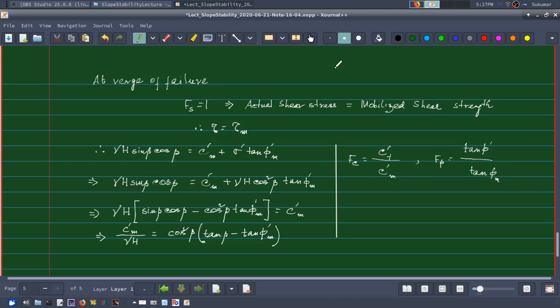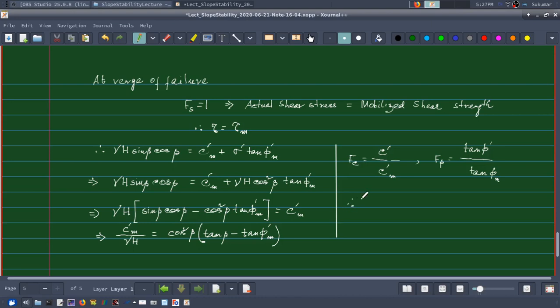Now onwards I can even drop this f, because we understand now that this is strength. We are talking about strength, not about the stresses. So I am dropping this f term, and when these are equal I have normal factor of safety Fs.